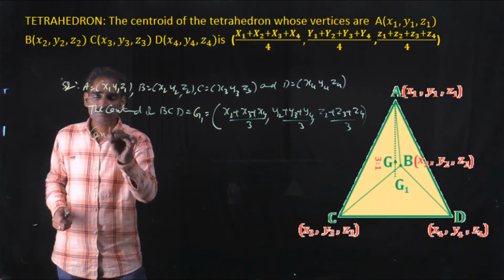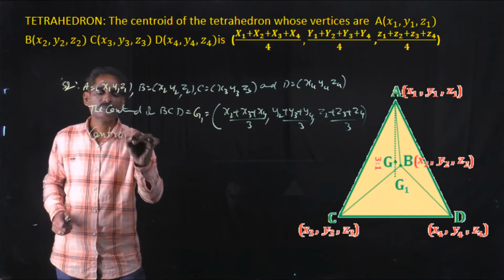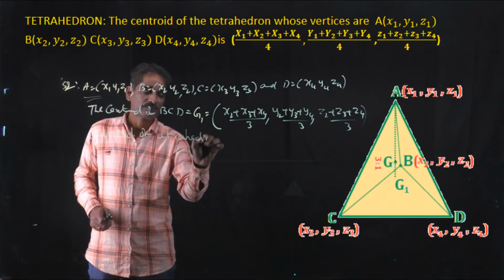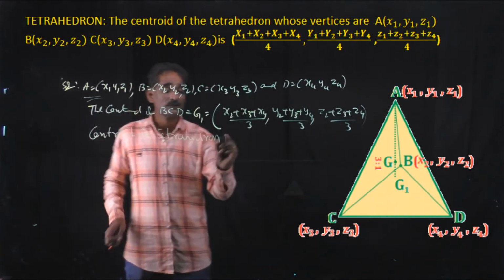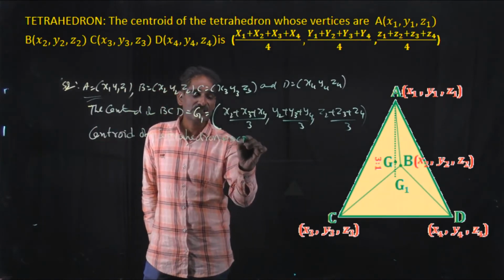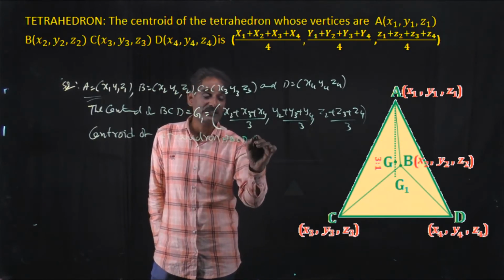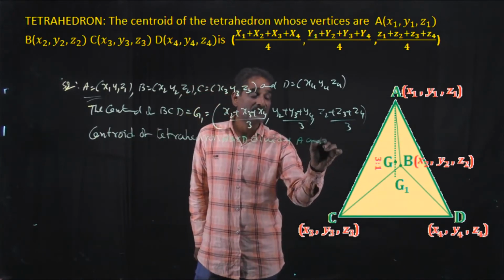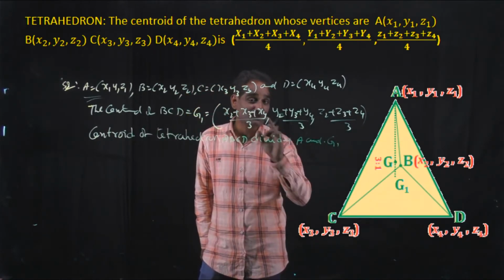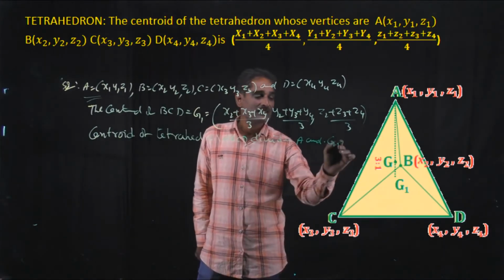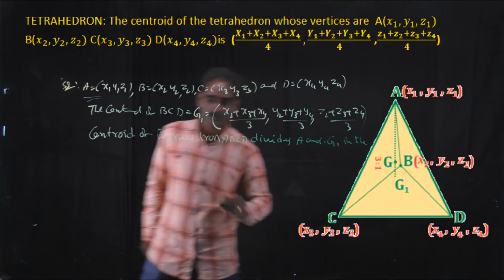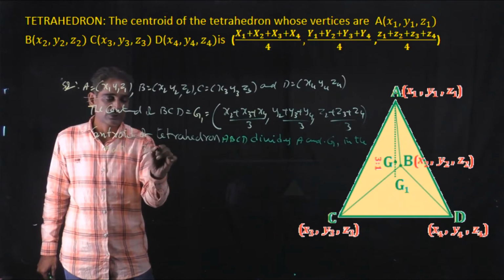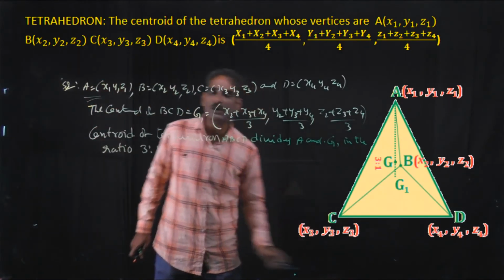The centroid of the tetrahedron ABCD divides A and G1, where G1 is the centroid of BCD, in the ratio 3:1. Now write down the coordinates of this point.